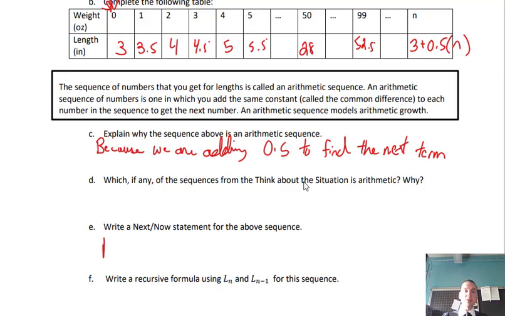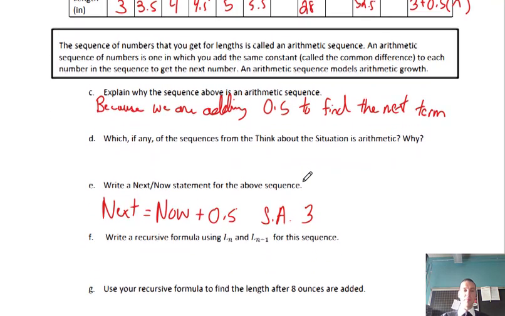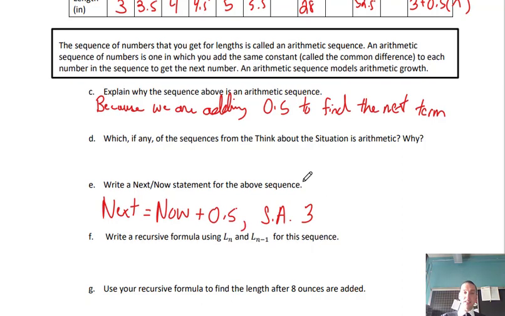Write a next-now. So next equals, how did we get to 3.5? We took the previous term, now, we added 0.5, and you always need a starting at, which is our beginning term, 3. So you have to know how to write these. Next equals now plus something, starting at.